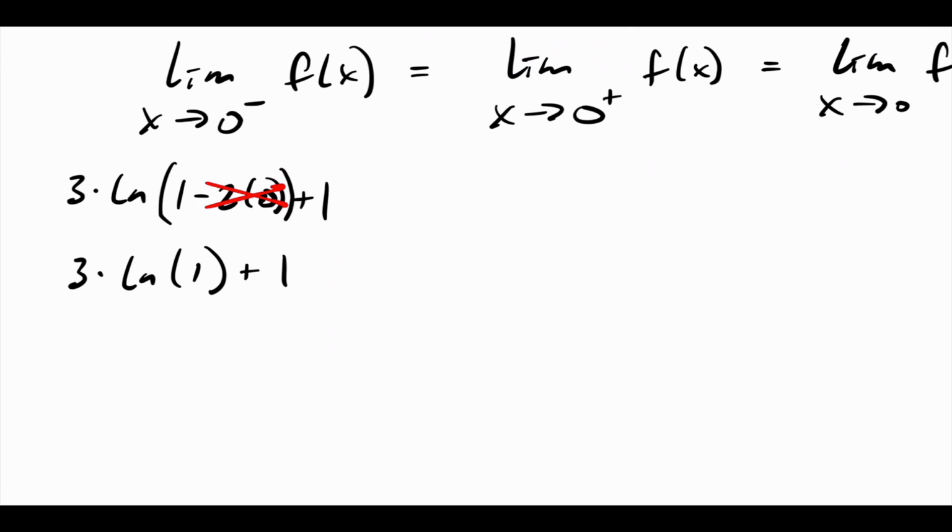Why is it 0? Because that's what it's asking, right? What is the natural log of 1? Well, I can rewrite natural log as log with a base of e, it's the same thing. So what they're asking is: e to what power gives you 1 as an answer?